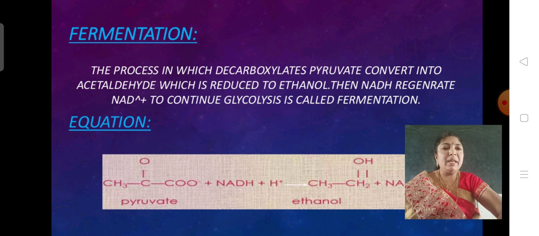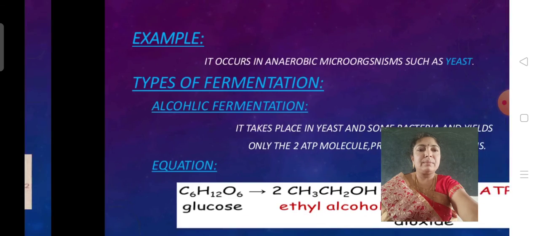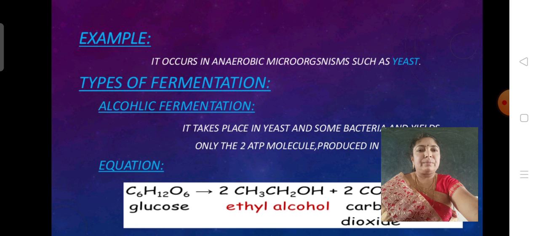Then NADH is regenerated to continue glycolysis, which is called fermentation. So during this fermentation, pyruvic acid is formed into ethanol. So this is about alcoholic fermentation.